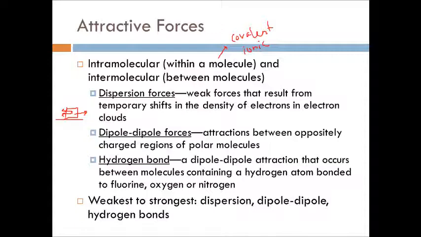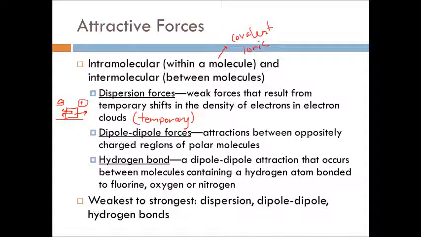So then if this was an electron, this would be negative, this would be positive. So we get basically a shift in the electrons, so we get a creation of a temporary dipole. Again, this is temporary. It happens instantaneously. It's temporary, and everything has it.